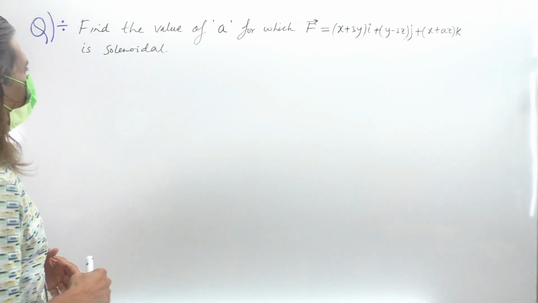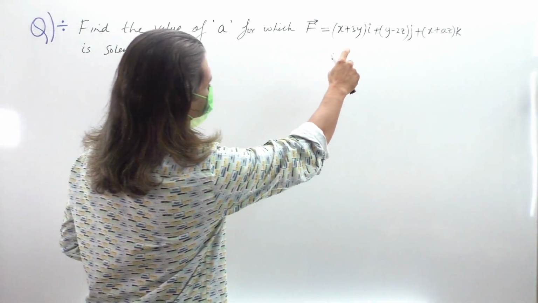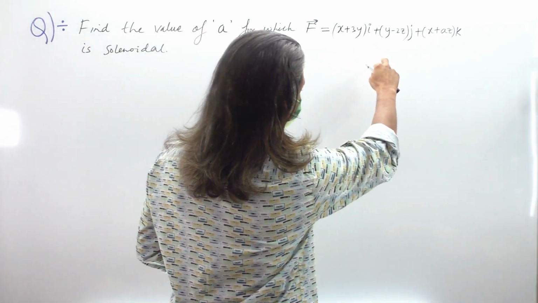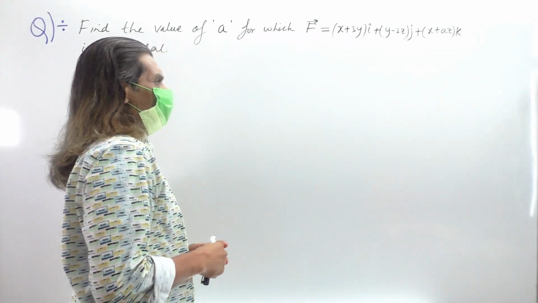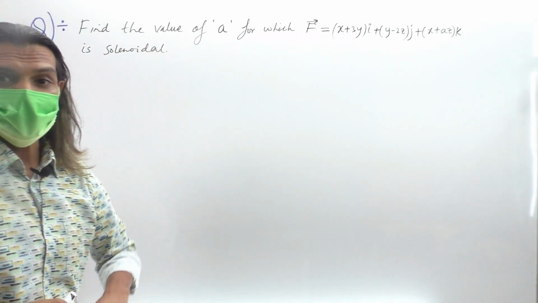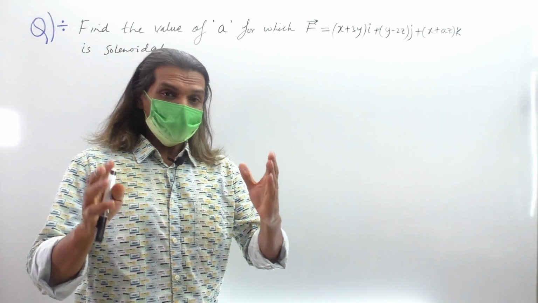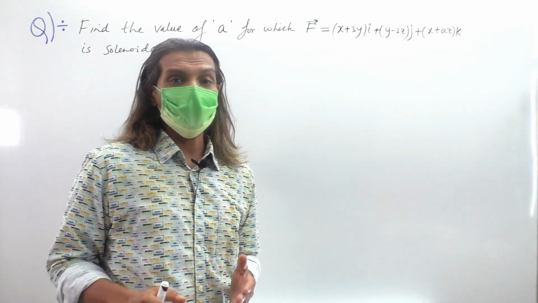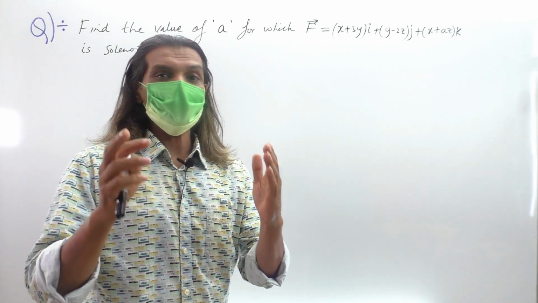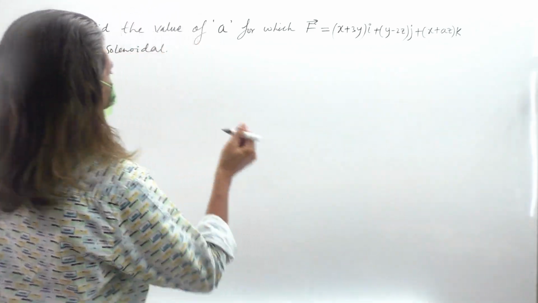The next problem here is: find the value of a for which f vector is equal to (x plus 3y) into i plus (y minus 2z) into j plus (x plus az) into k is solenoidal. So what is the condition for solenoidal? The condition for any vector field to be solenoidal is divergence of f is equal to 0. So first I will write the question here.